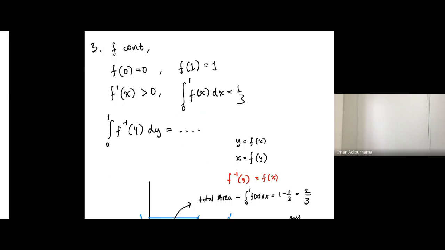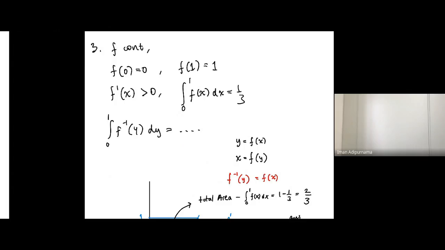But you can see I'm giving you a clue, this 1 over 3. So the integration from 0 to 1 of f inverse of y, is it the same curve? The same, right? It's the same curve. F inverse y is equal to f.